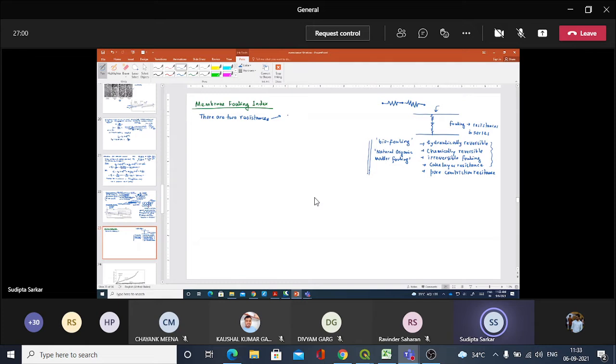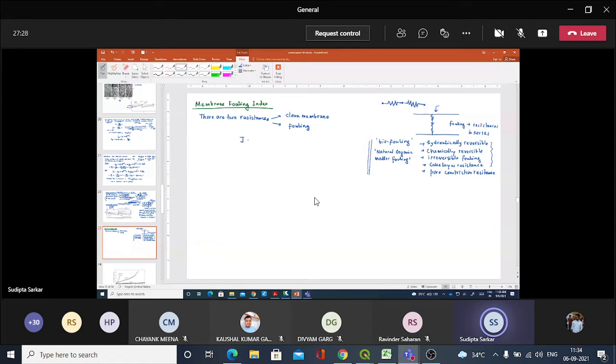One is for the clean membrane, obviously because of the membrane porosity and everything, and the other is the resistance due to the fouling. So these are two resistances for the water to pass through.